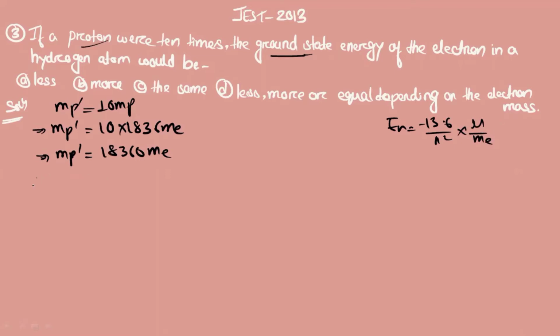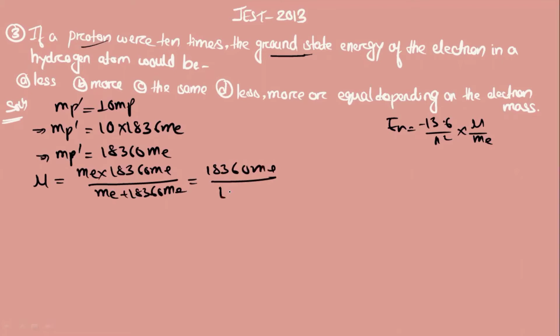All right. So now we will calculate the reduced mass, mu. So mu is equal to ME into 18360 ME divided by ME plus 18360 ME. So you can write it as 18360 ME by 18361 ME.